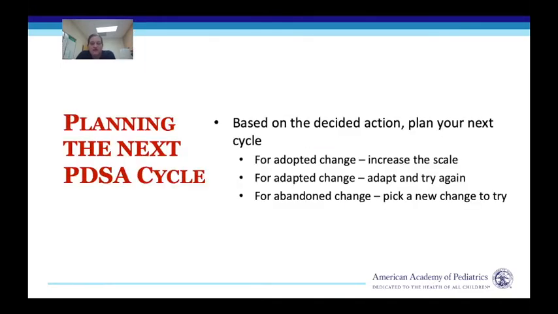Okay, and then Ruth talked about this as well, but based on the decided action, then you plan your next cycle. So she showed ramps. The text version of her ramps is, so you did your cycle. Are you going to adopt it? Okay, this worked great, I think it's going to be a great change to keep working on.